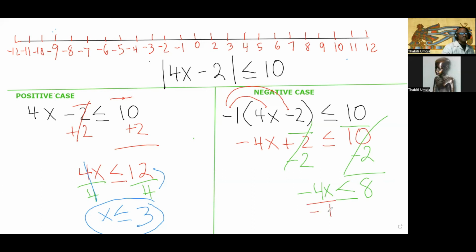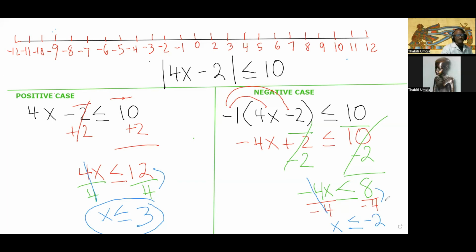Negative 4 and negative 4. Okay, we go ahead and cancel those 4's out. We bring this down. We have an x is greater or equal to, what is 8 divided by 4? Yes, it is 2, and that's going to be a negative 2.